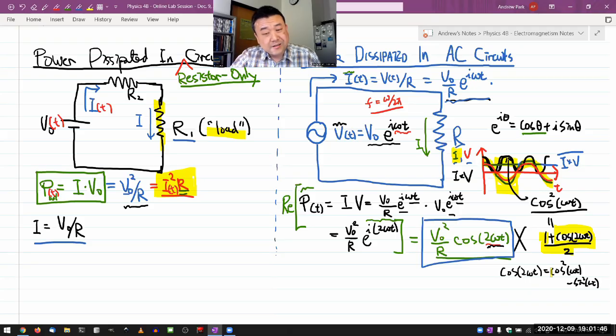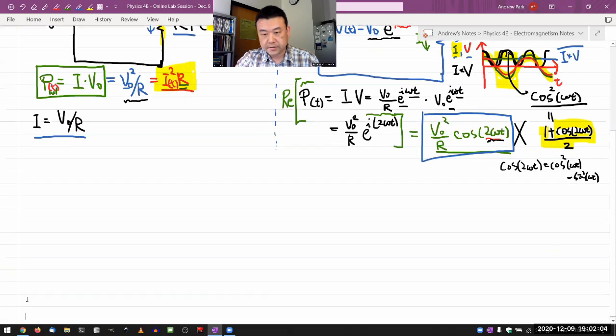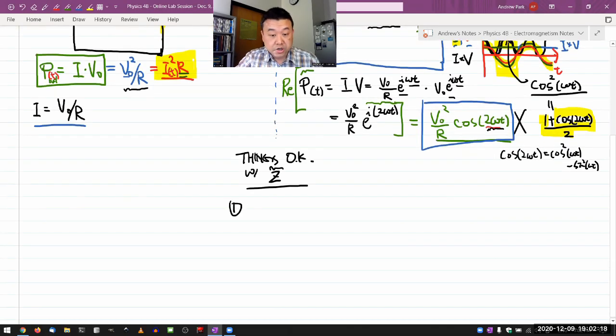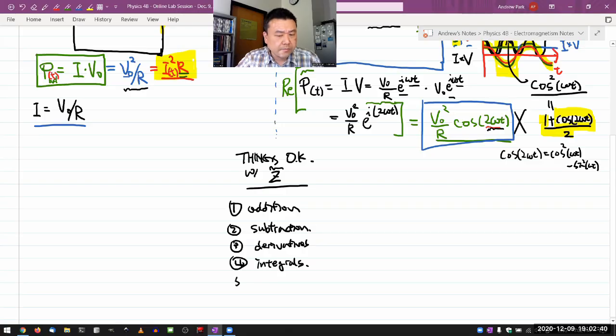It's basically the things you should be mindful of when you are using complex numbers or complex functions to help you with the calculation. There are things that are okay to do with complex numbers. So for example, things like addition, subtraction, derivatives, integrals, even scalar multiplication are all okay.